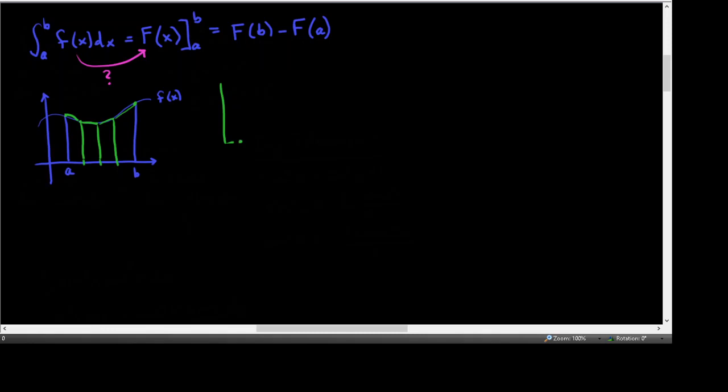Remember, the definition of a trapezoid is it's a quadrilateral where exactly one pair of sides are parallel, and those are called the bases. So I guess we could call this one base 1 and this one base 2. And the distance between them, which can be measured anywhere, is called the height of the trapezoid.